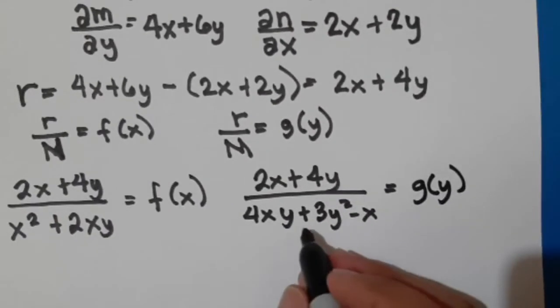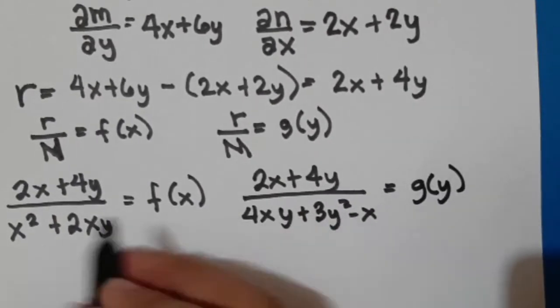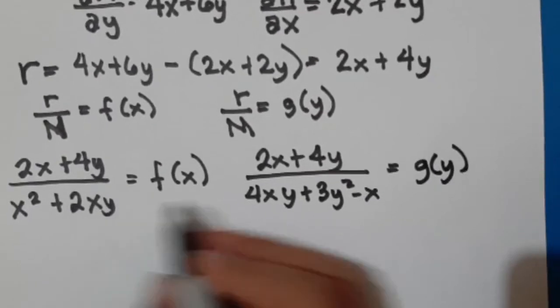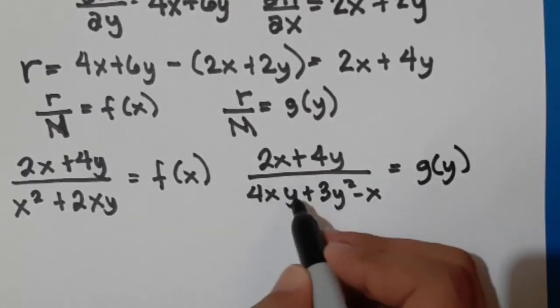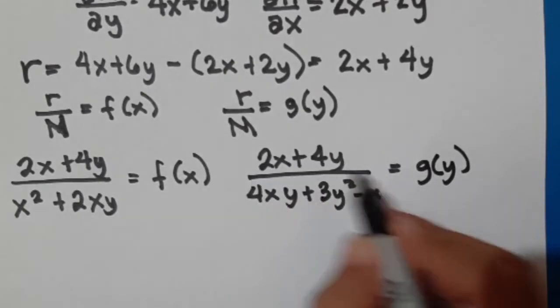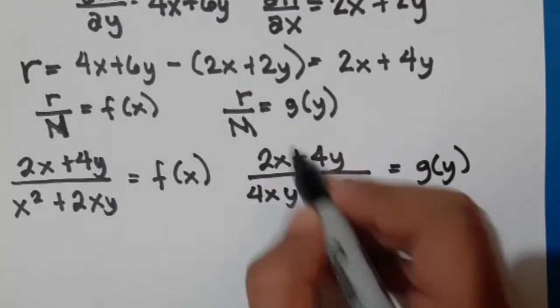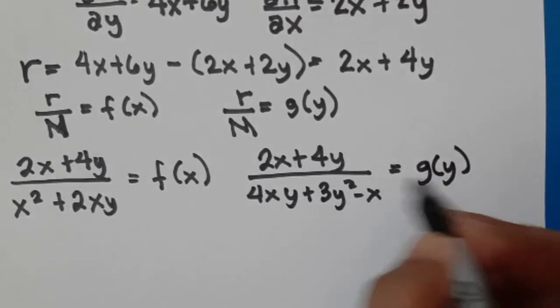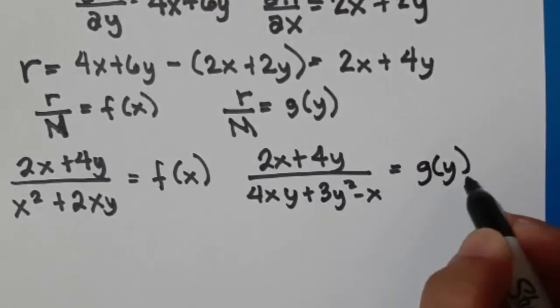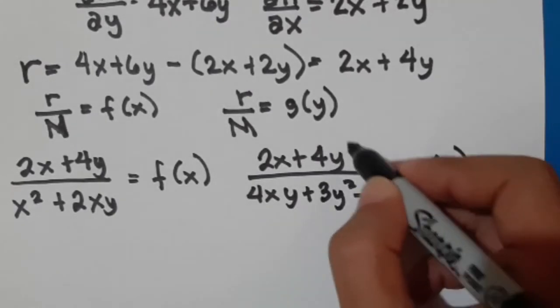We just copied our M and then our N. As we observe, there is no way to simplify the equation in terms of y. Therefore, we will not use the formula for the integrating factor in g of y. We have two formulas, so it is not this one.